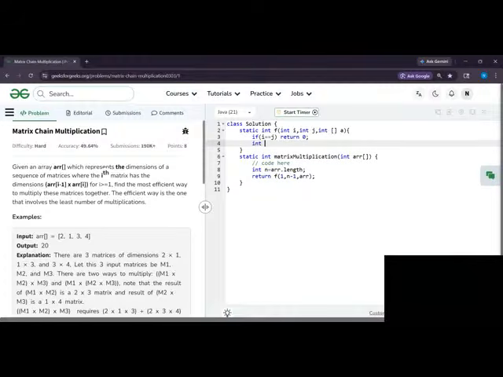And our goal is to calculate the minimum number of calculations. To calculate a minimum value, we should initialize the variable initially with the largest possible number. We should initialize the variable with max, so I am initializing it with integer dot max value.